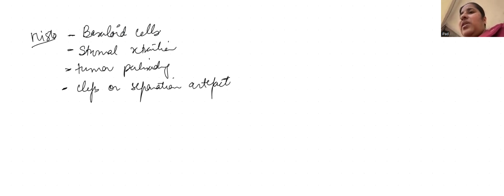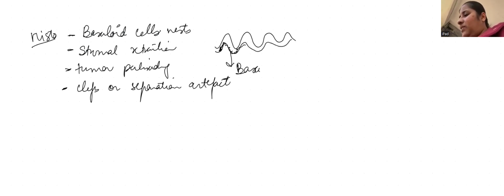So these basaloid cell nests are basically derived from the epidermis. Suppose this is the epidermis. These basal cells are derived from the basal layer of the epidermis, and hence called the basaloid cells. These cells are highly hyperchromatic, so they will be more blue in color.